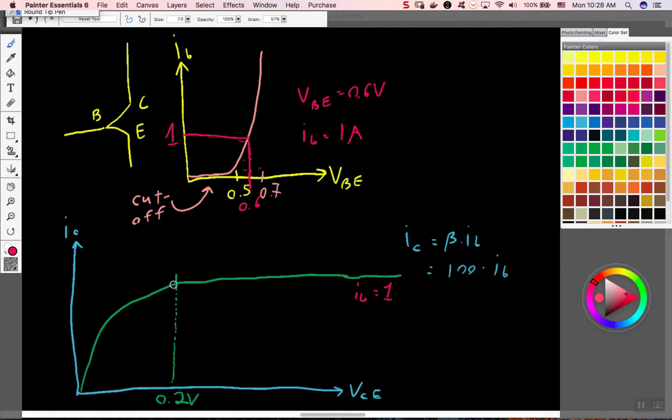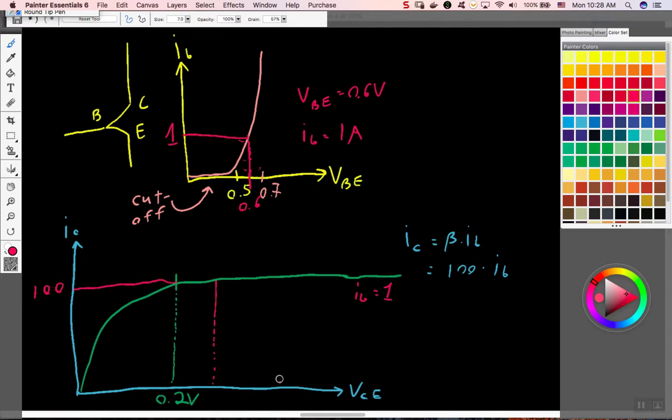And there are two things to see. When VCE is bigger than 0.2, then IC is just going to be 100 IB. So in that example, IC is going to be 100. So when VCE is, for example, 1.3, IC is going to be 100.